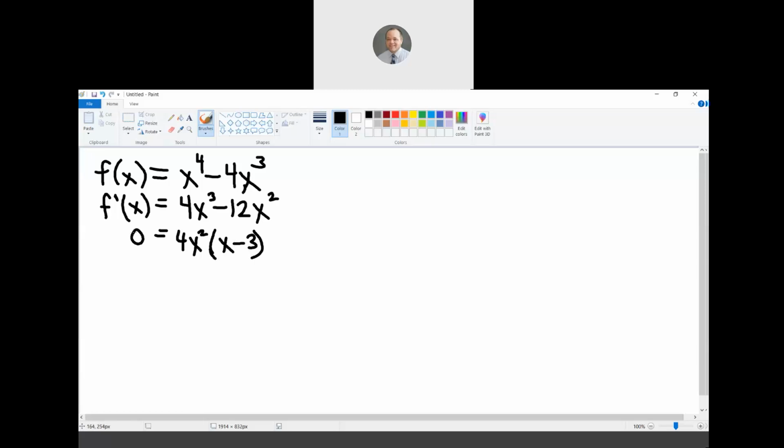Now we can set our first derivative equal to 0 and find our critical points. Now you can set each part equal to 0 or use opposite signs for part of it, but you'll end up with the following critical points: 0 and positive 3.